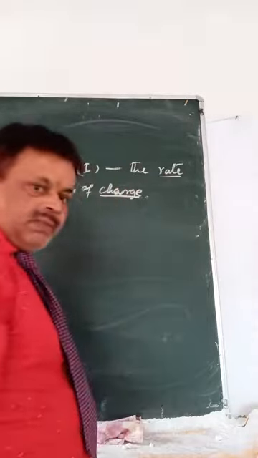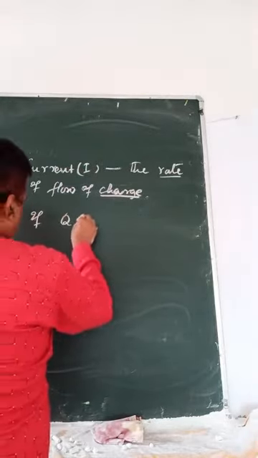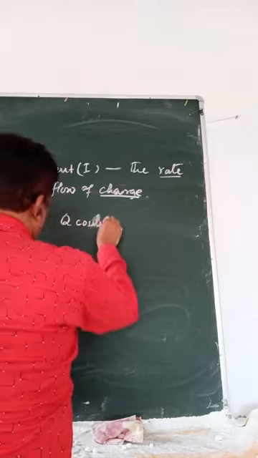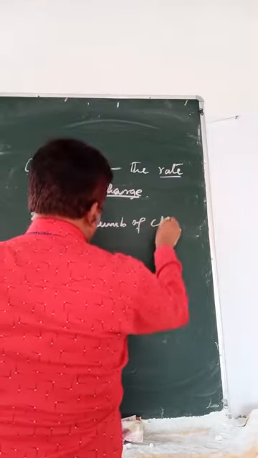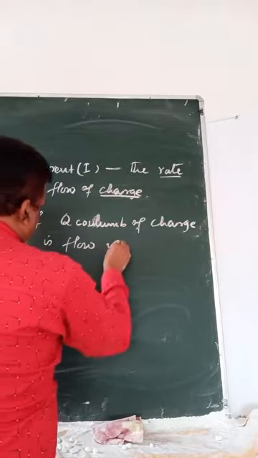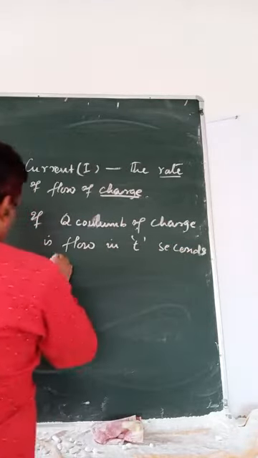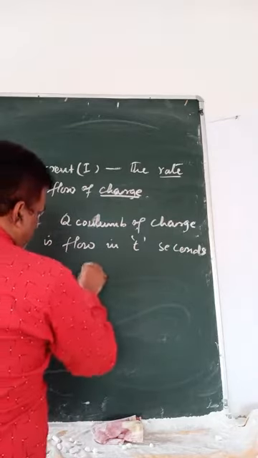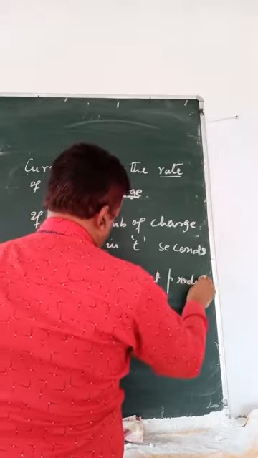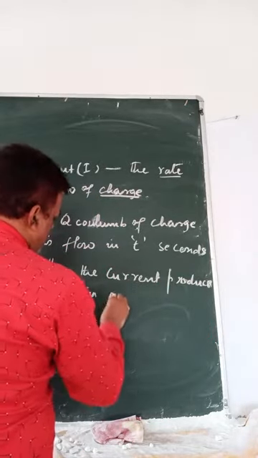Rate means per time. So you can say if Q coulomb of charge is flown in t seconds, then the current produced is in amperes.